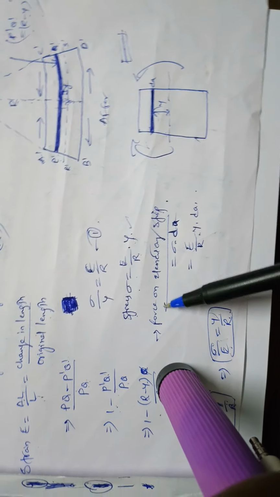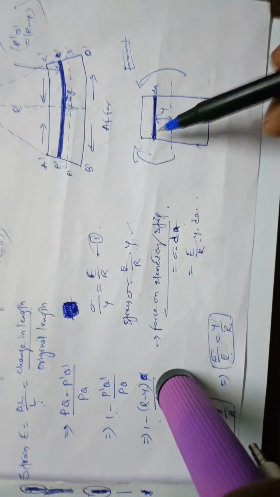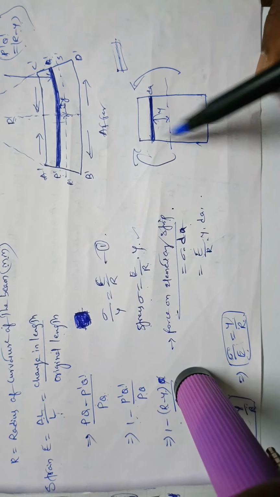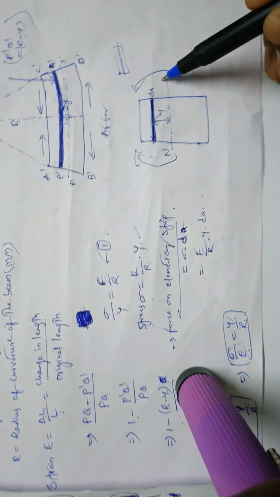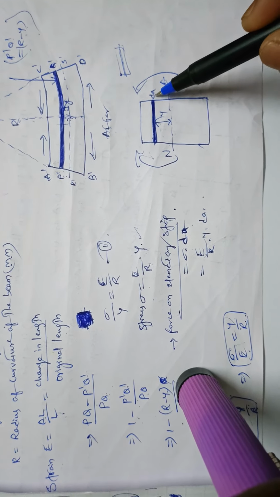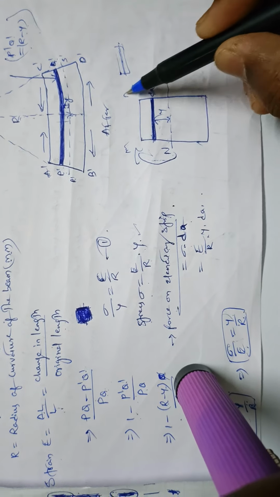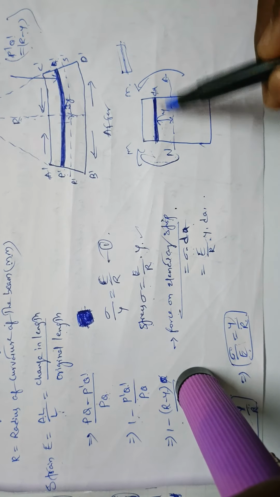Here the force on the elementary strip is equal to sigma into dA. You can see here this is the beam. In this beam, this is the center, the neutral axis, and this is the strip, which is nothing but dA. So the force is nothing but sigma into dA.